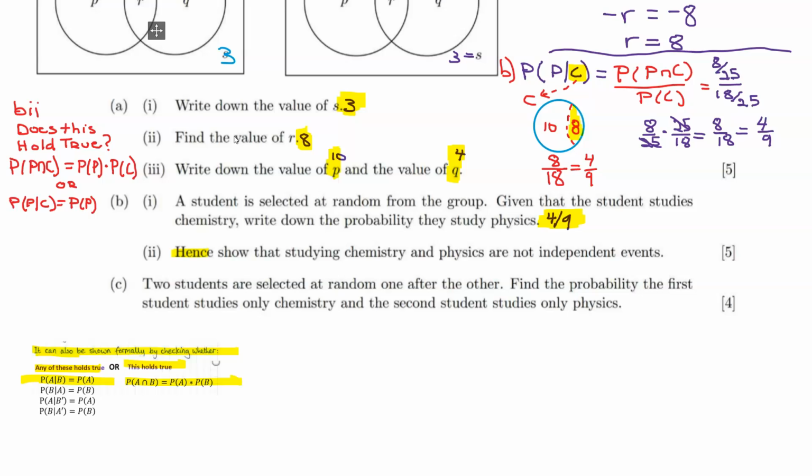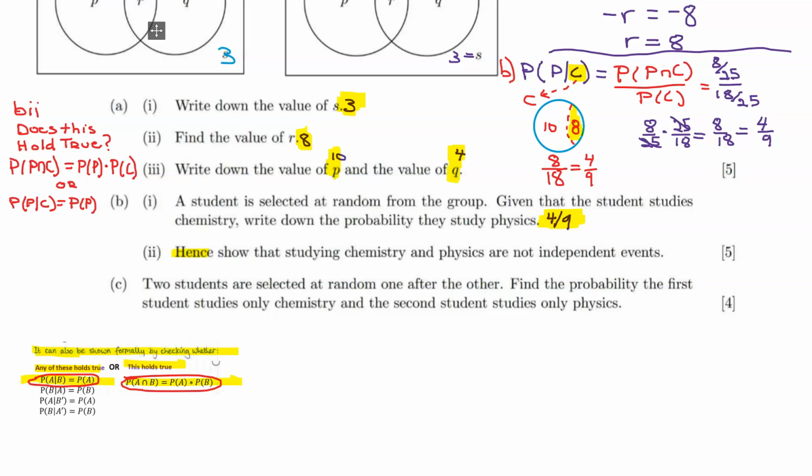So to show that 2 events or outcomes are not independent, we'd have to show either that the intersection is equal to the product, or the conditional probability statement right here holds true when we plug in the values.